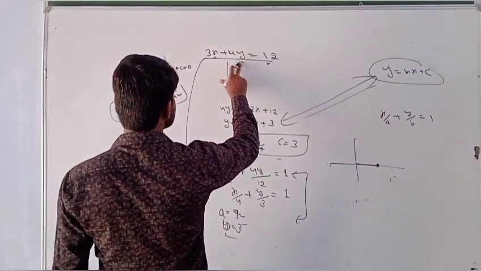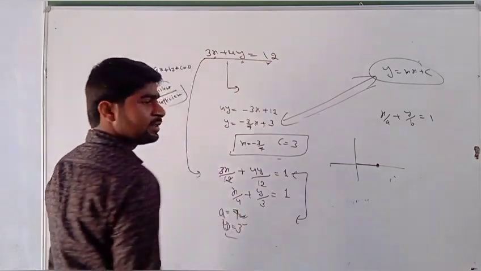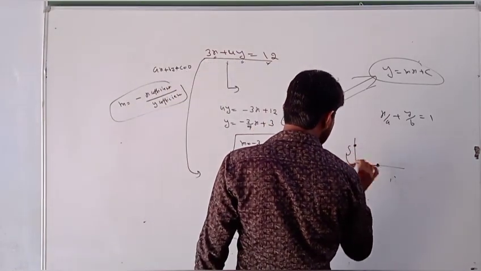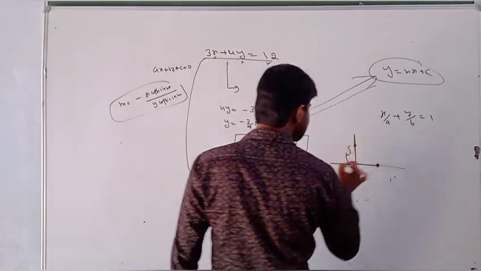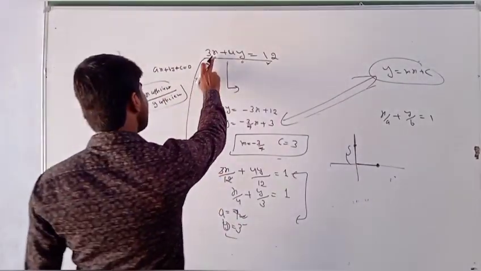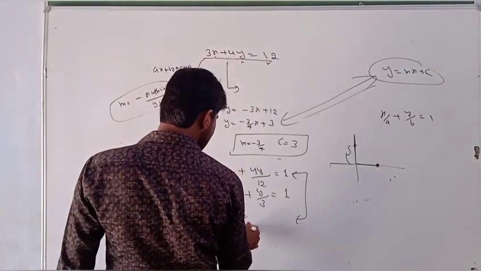If you put y as 0, 3x equals 12, x equals 4. And on the other hand, if you want to find out the intercept on the y-axis, then you know on the y-axis x will be 0. So whenever you put x as 0, 4y equals 10, y will be 3.